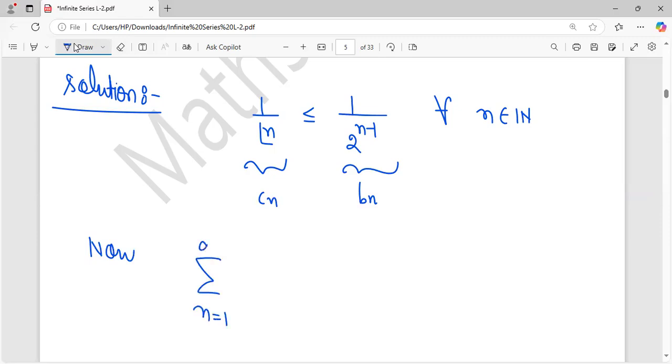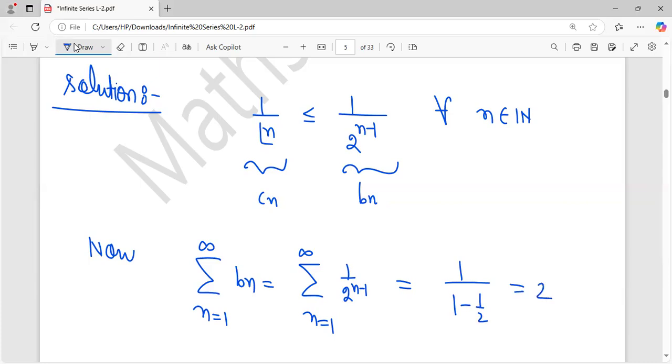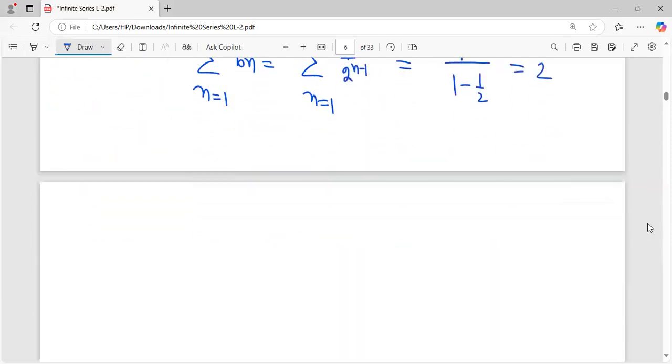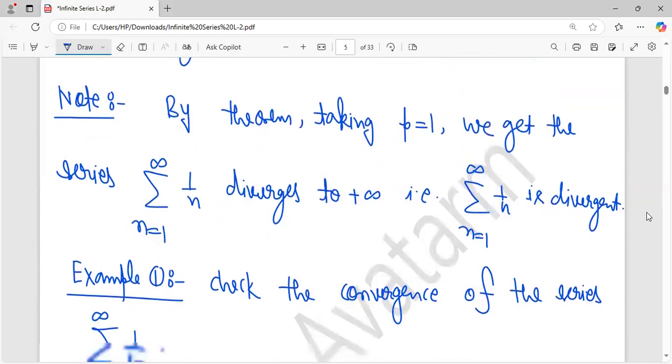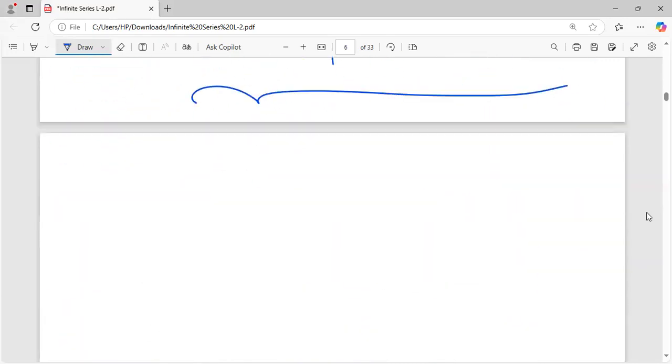Summation n goes from 1 to infinity of b_n is equal to summation n goes from 1 to infinity of 1 upon 2 to the power n minus 1. This is a geometric series, and its sum is 1 upon 1 minus 1 upon 2, that is 2. It means this series is convergent.